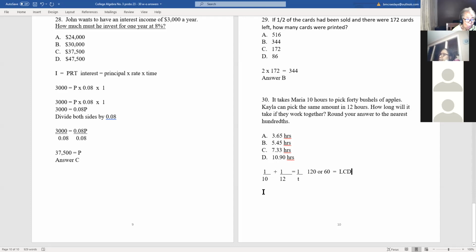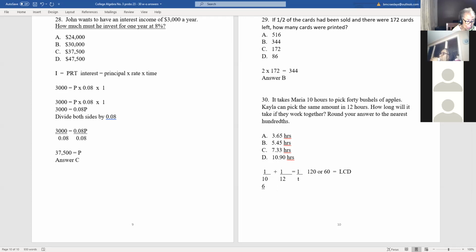Okay, so 1/10 is what over 60? To get 60 as the denominator, what do you multiply the numerator and the denominator by? 6. So 1/10 is 6 over 60, right?